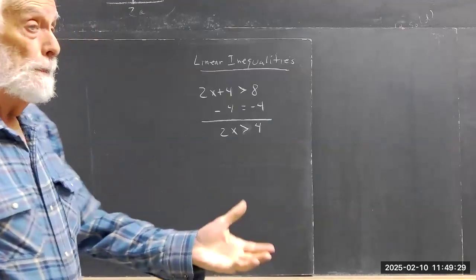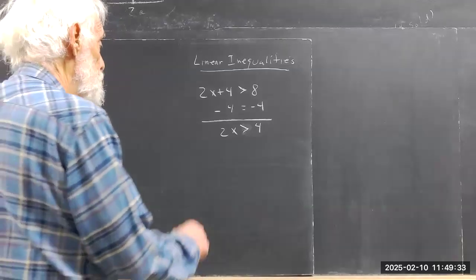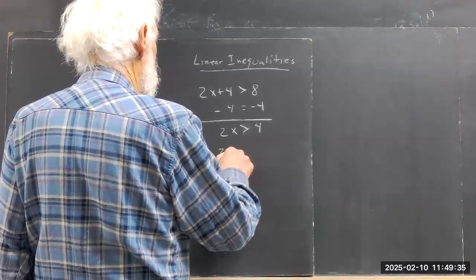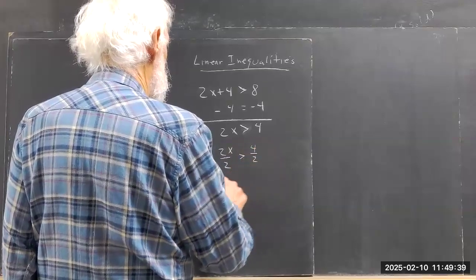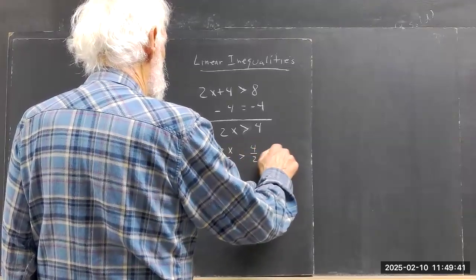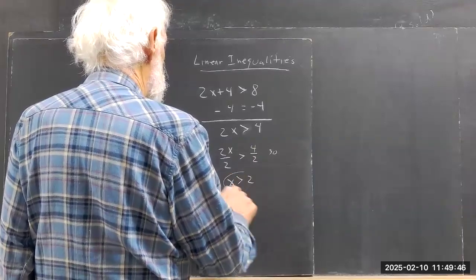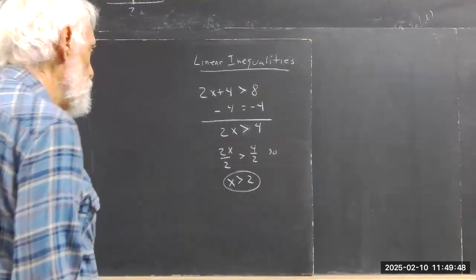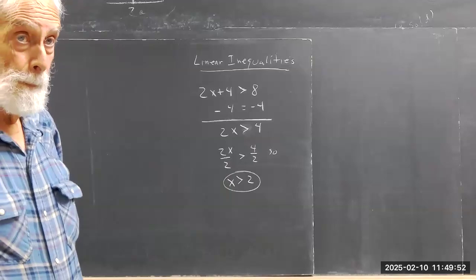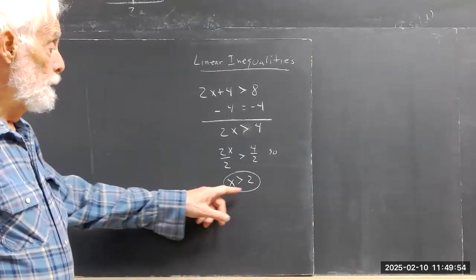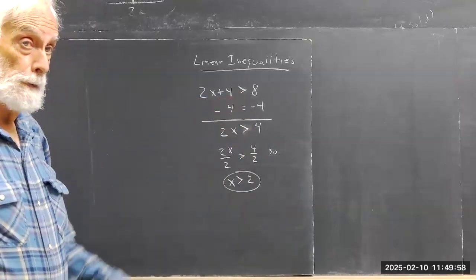And then we can divide both sides of the inequality by 2, can't we? Well, this inequality, x greater than 2, is the same as this, okay? If you take any number greater than 2 and put it in here, it's going to give you a true inequality.